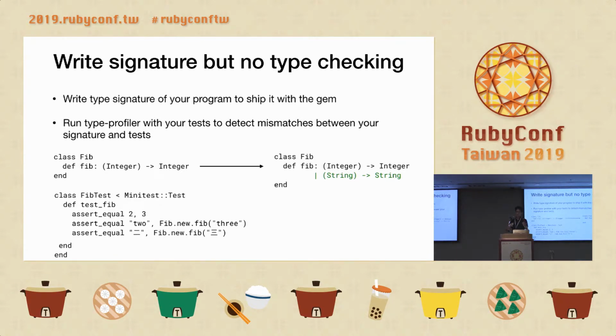It should receive a string and return a string. So using the tool, you will find you have to fix the signature, and you fix the signature, then you ship your gem with the type signatures.